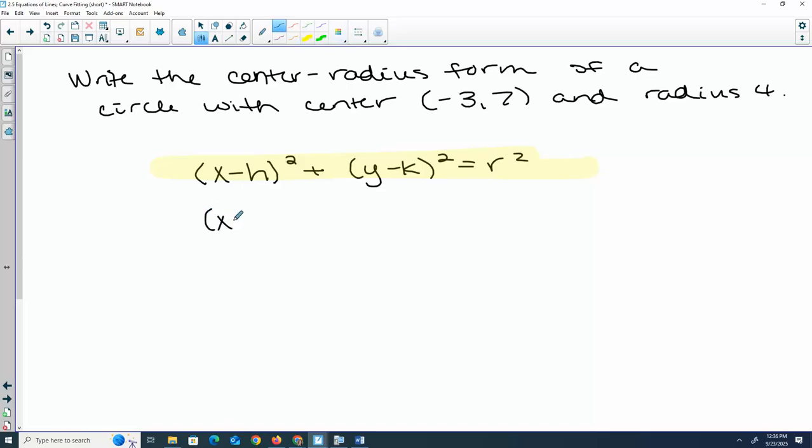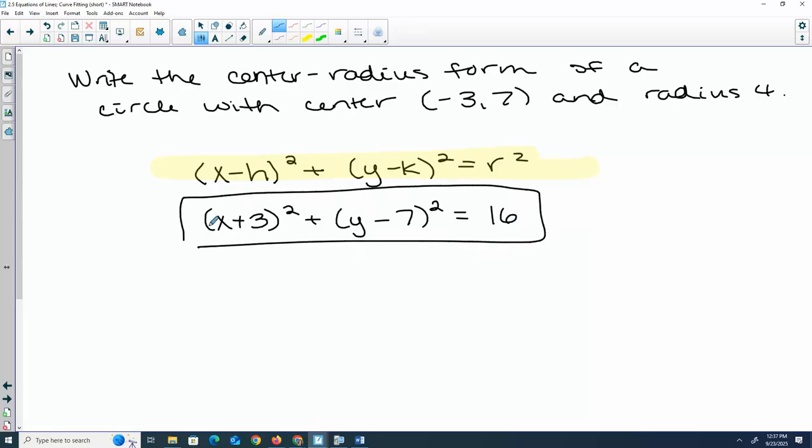So it's x minus the x value of the center, which is -3, so minus the -3 would make it x plus 3 squared, plus y minus the y value of the center, so y minus 7 squared, equals r squared, so the radius squared, which would be 16.